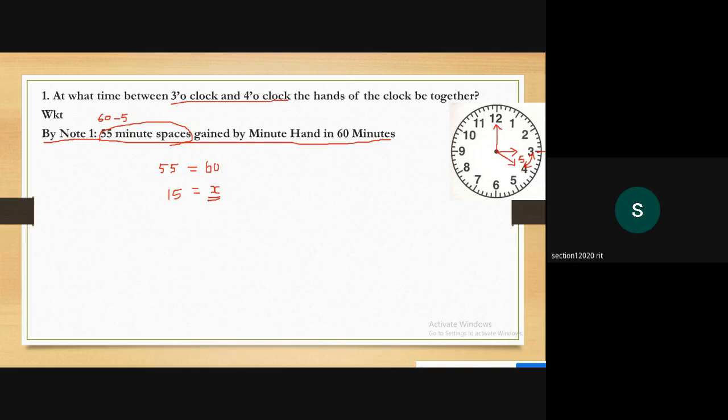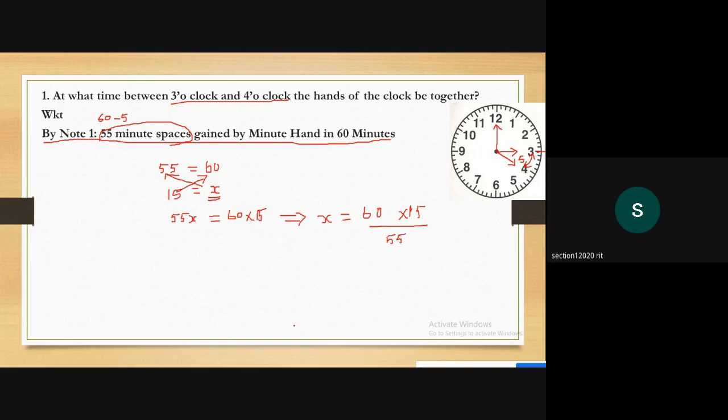Okay, so what I am going to do is cross multiply. When I cross multiply, I can write it as 55x is equal to 60 into 15. Simplifying further, x is equal to 60 into 15 divided by 55.